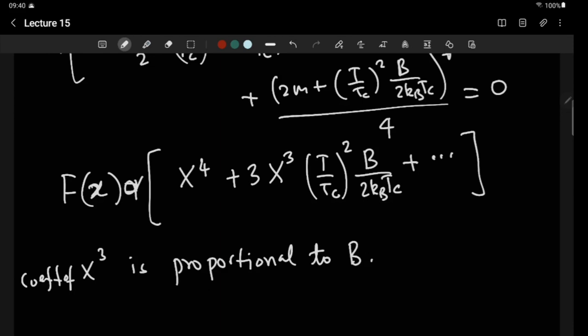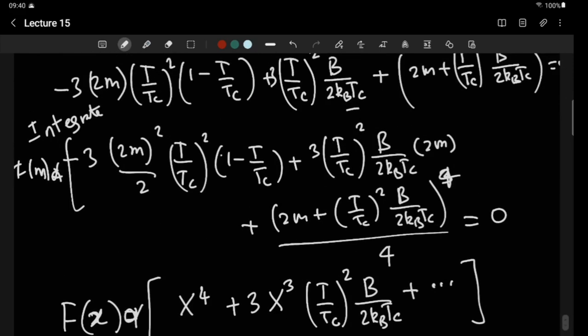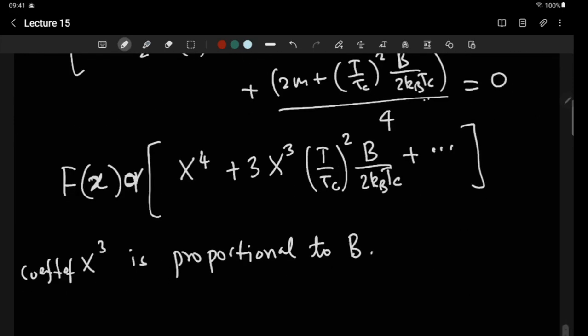Clearly, all the extra terms, especially the cubic and the linear terms, should go to 0 as b goes to 0, and that you can check. This is one linear piece, but there'll be a second linear piece coming when you expand this also. But for simplicity, I'm looking at only the cubic piece, but the general conclusion will not change if you put everything, and that's part of your assignment. Okay, so this is what we get.